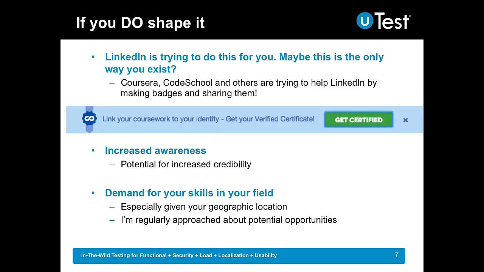Okay, so what happens if you do shape it? Because that's really what we're talking about here. Well, the obvious things are a little bit more of increased awareness around who you are, but also of the skills and potential for increased credibility among people in the same industry and even outside the industry. I have a lot of experience with this.